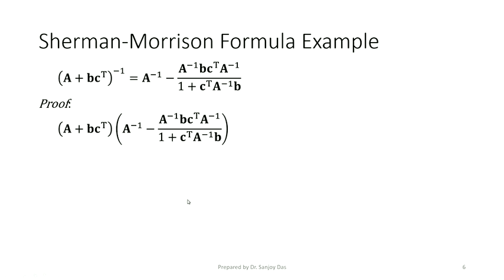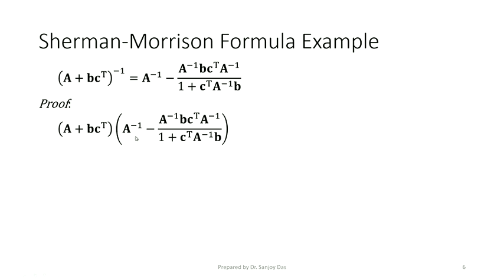And this must be equal to the identity matrix, I. So let's try to simplify it. This pre-multiplication helps us take care of this inversion here. Otherwise, it will be hard to manipulate, right? A plus BC transpose inverse is not equal to, for instance, A inverse plus BC transpose inverse or something. No.